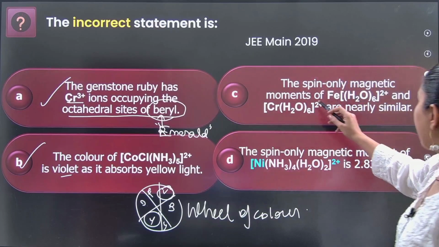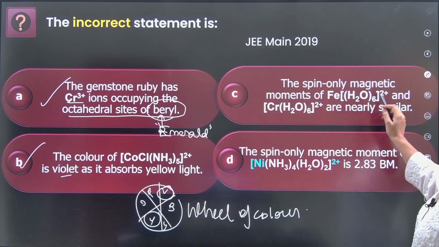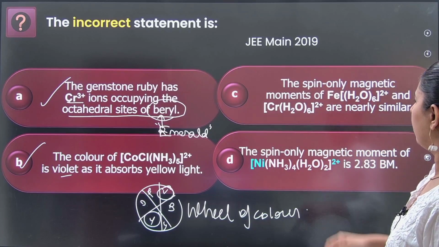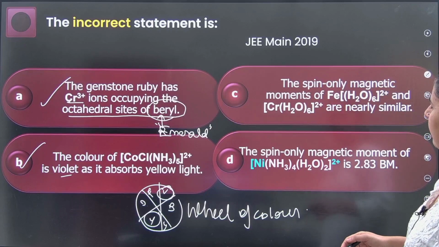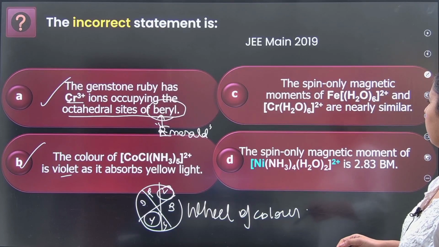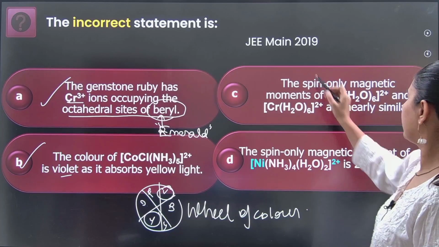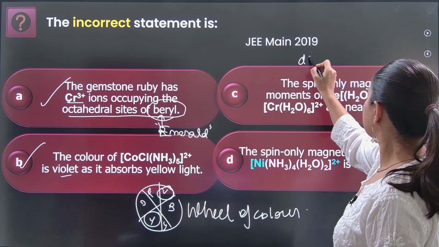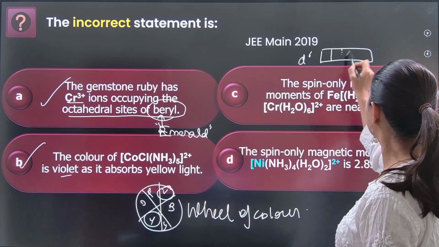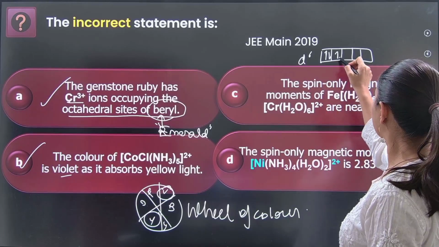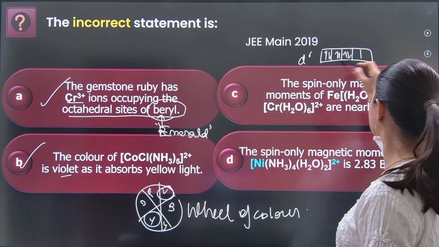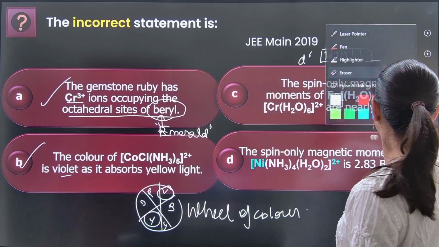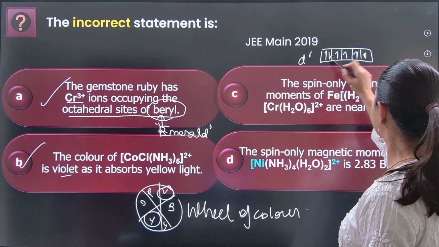The spin only magnetic moment of Fe2+ and Cr2+ are nearly similar. Huh? The spin only magnetic moment, both with water out here, H2O and H2O. So Fe2+ is d6 with water, so no pairing: 1, 2, 3, 4, 5 and 6.